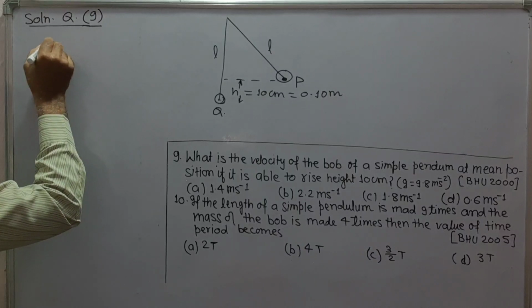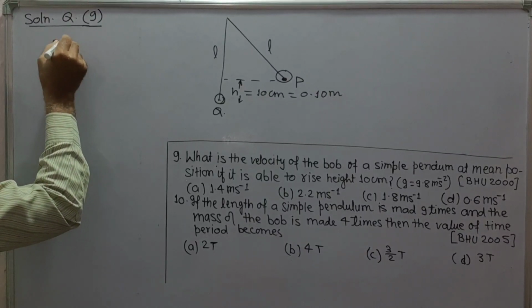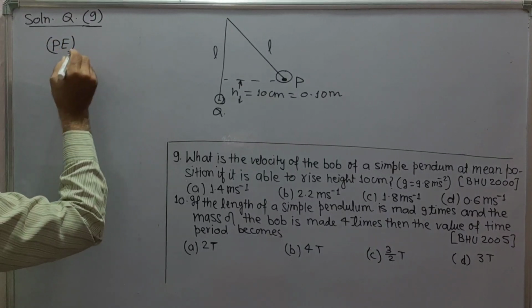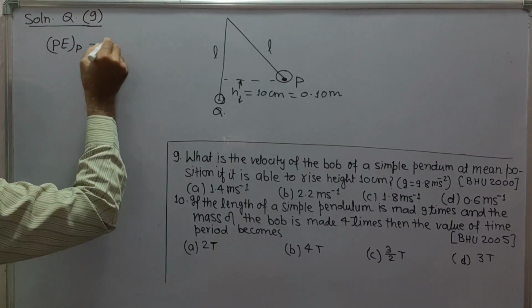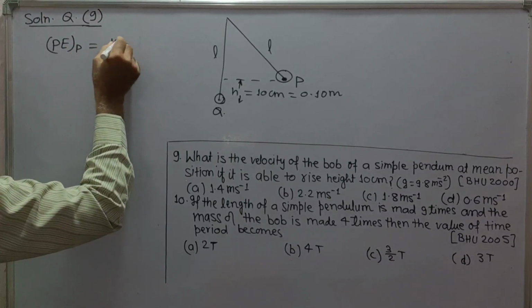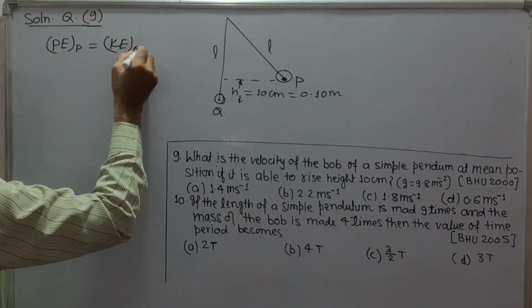So total energy is the potential energy at P will be equal to kinetic energy at Q.